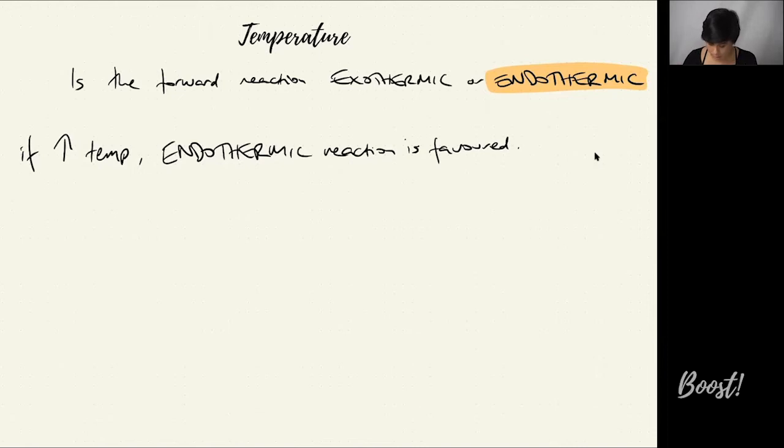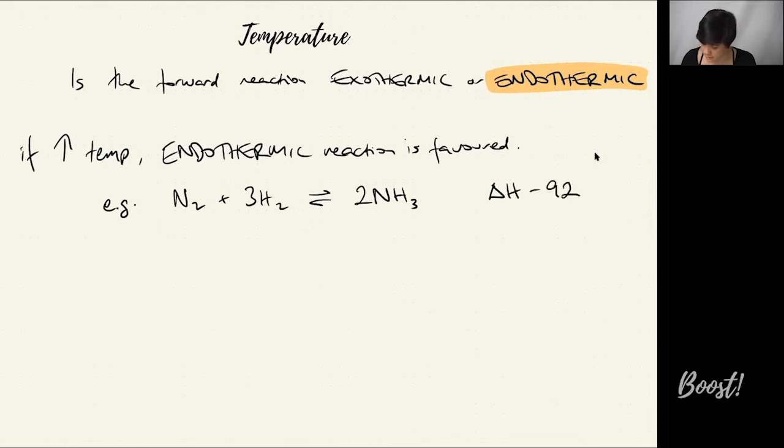So as an example, we often use the Haber process to illustrate this example. I don't have the data booklet with me, but I know that the enthalpy change for this is something around minus 92 kilojoules per mole.